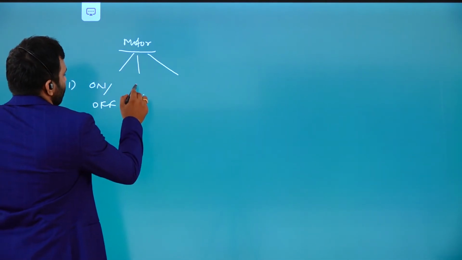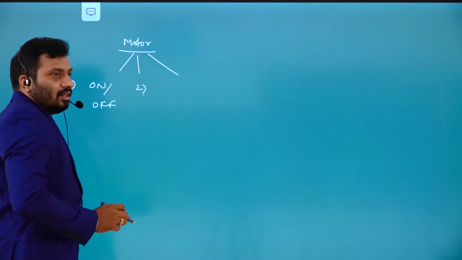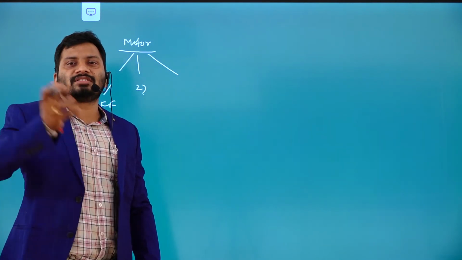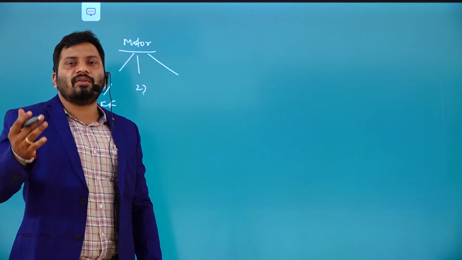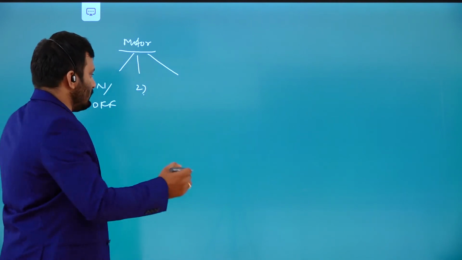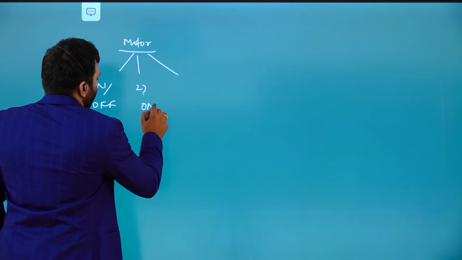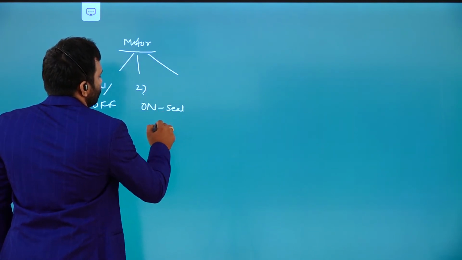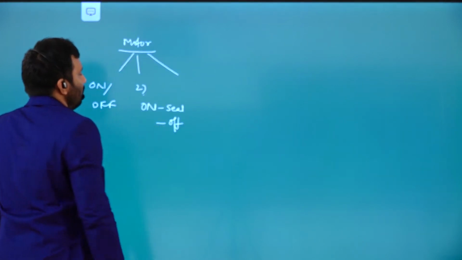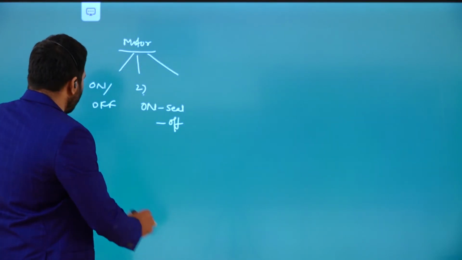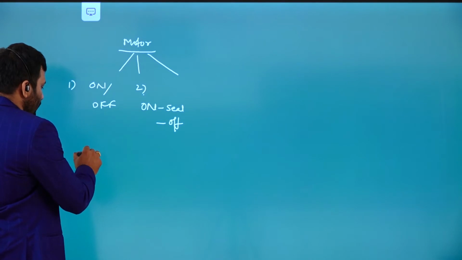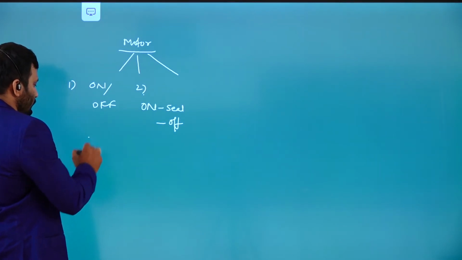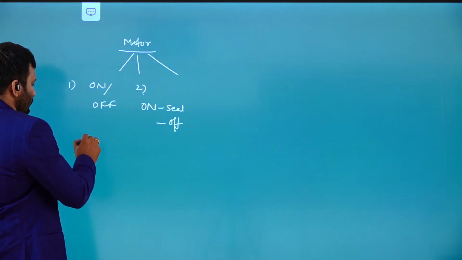The second case I want to discuss is on, where you seal in the on state only. Whenever you want to turn it off, you can turn it off. So that means on, maintained by a seal in the on state, then you can turn it off.